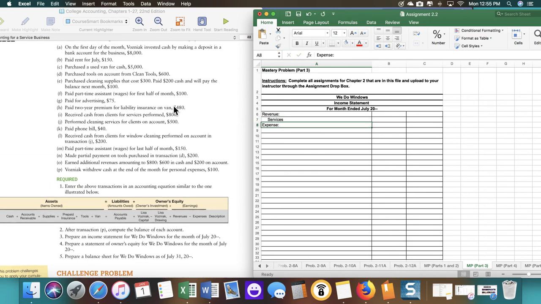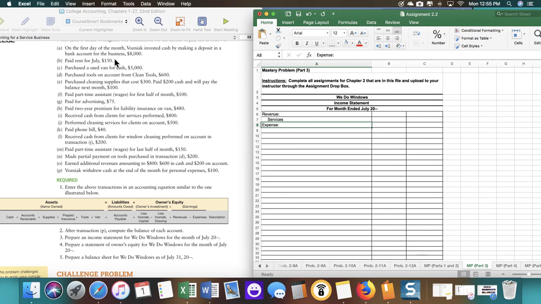Our expense account, we've paid rent, so we have rent expense. We purchased a van, nope. Tools, nope. Wages.